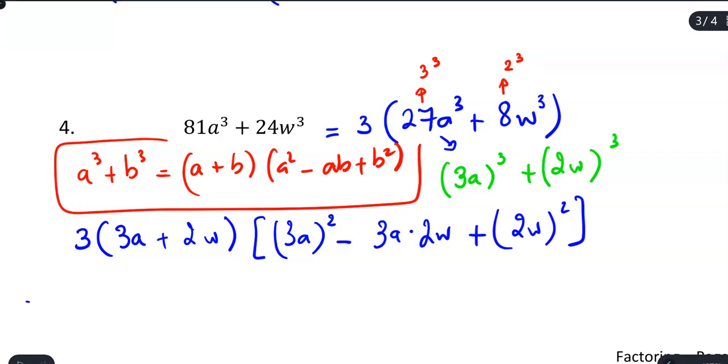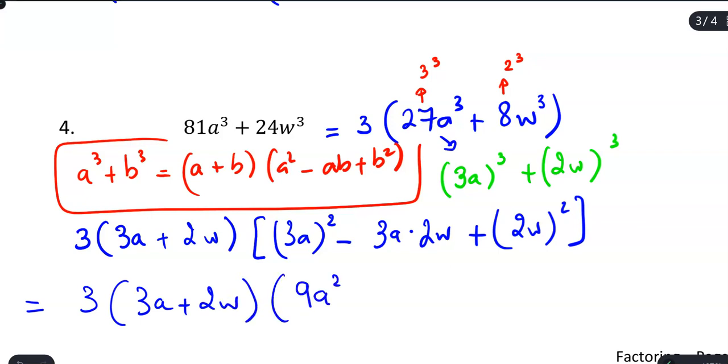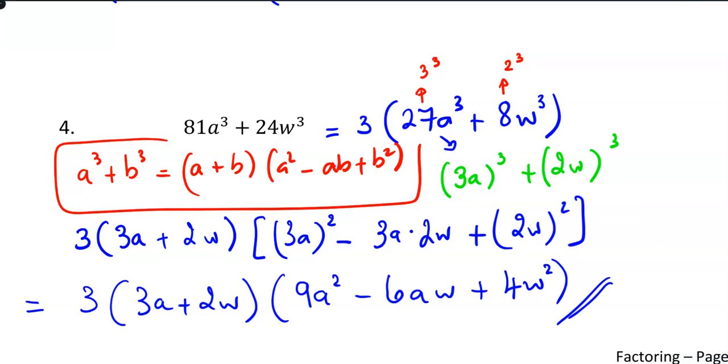Alright, so then I should have 3a plus 2w. In here, I raise both of these to exponent 2. Multiply this, I should have 6aw plus 2 raised to exponent 2 is 4w squared. Alright, so let's double check our answer. Yes, we got them all correct according to the formulas.